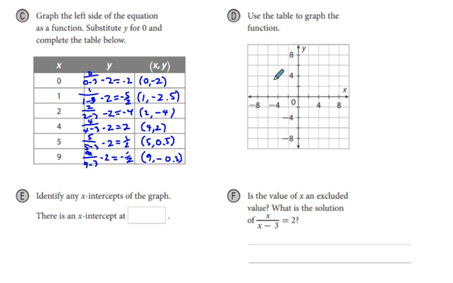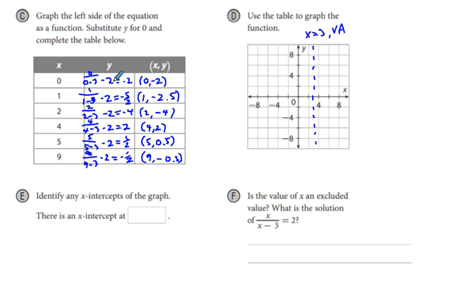Now part D, use the table to graph the function. Well, our excluded value is x equals 3, and so I'm going to just draw a dashed line here at x equals 3, which is going to be our vertical asymptote. So I'll put up here x is equal to 3, and that's going to be our vertical asymptote, abbreviating VA.